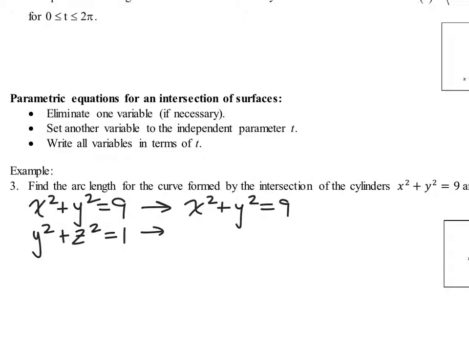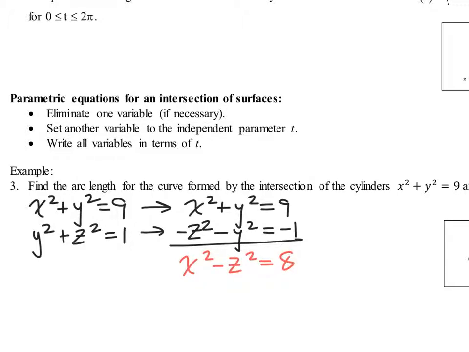The second one, I'm just going to change it up. I'm going to negate everything and then swap the order of z squared and y squared. So negative z squared minus y squared equals negative 1. Same equation, different ordering, and also negation. But when I add them together, I get x squared minus z squared equals 8.